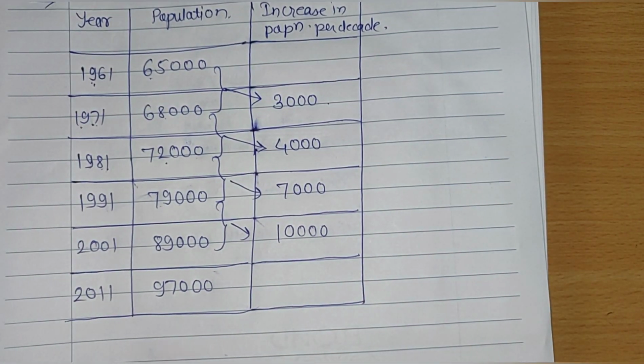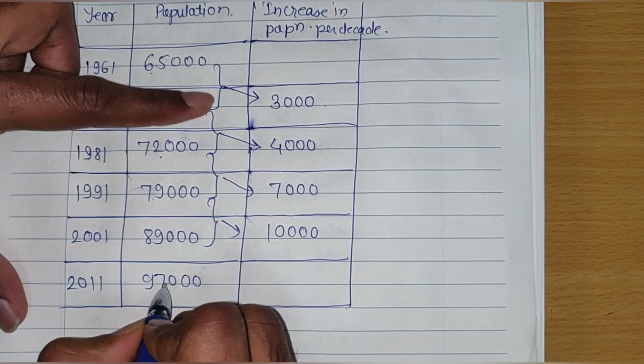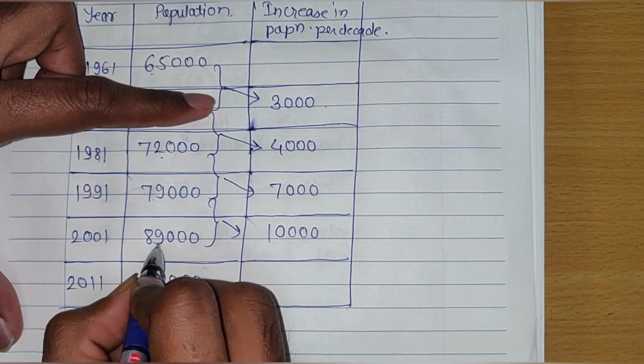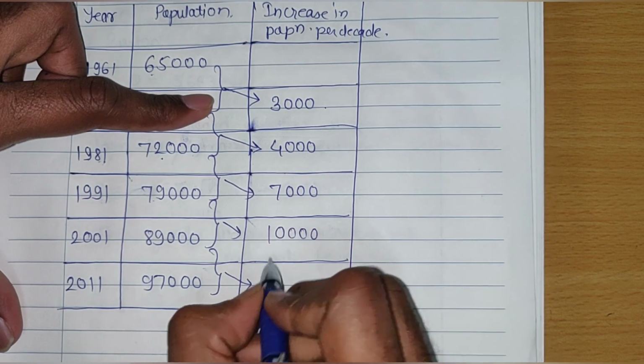From 2001 to 2011 the increase is 97 minus 89, that is 8,000.